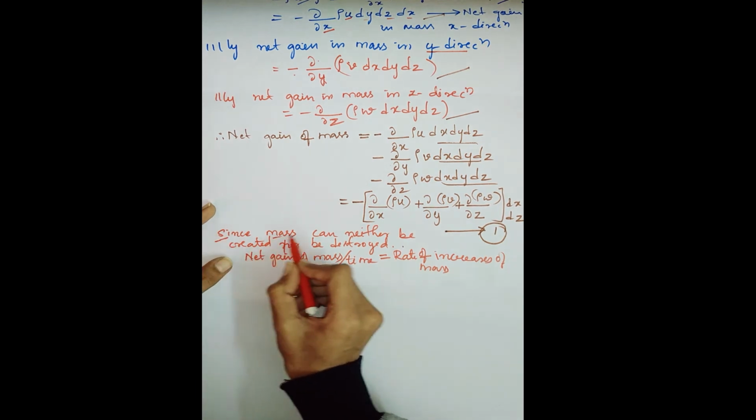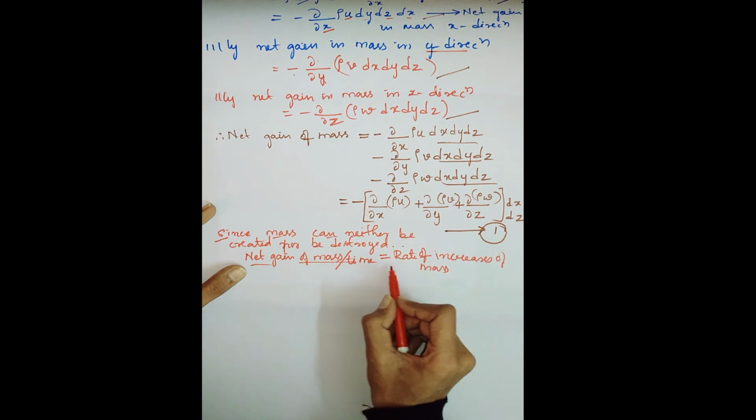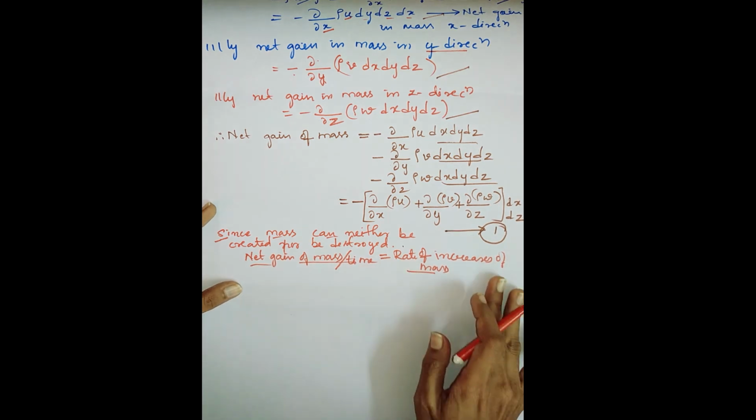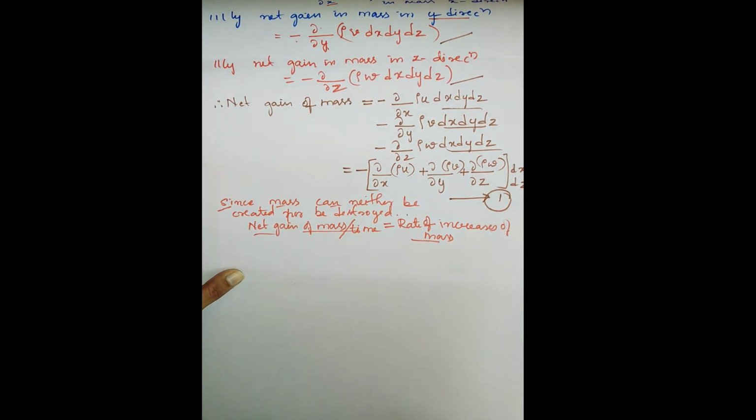Since we know mass can neither be created nor be destroyed, the net gain in mass per time is equal to the rate of increase of masses. So we'll calculate what is that rate of increase of masses.